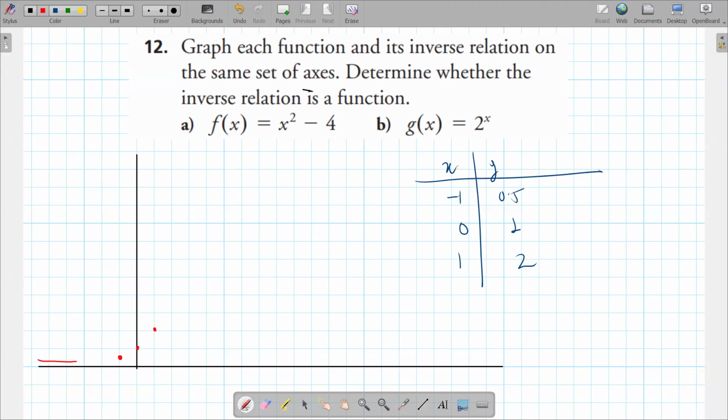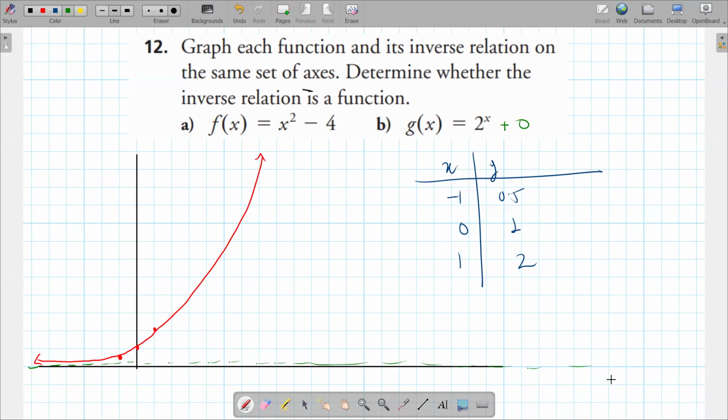And again, it's going to come here. It's going to go forever. And remember, for an exponential function, you have a horizontal asymptote here. So that's the parent function.